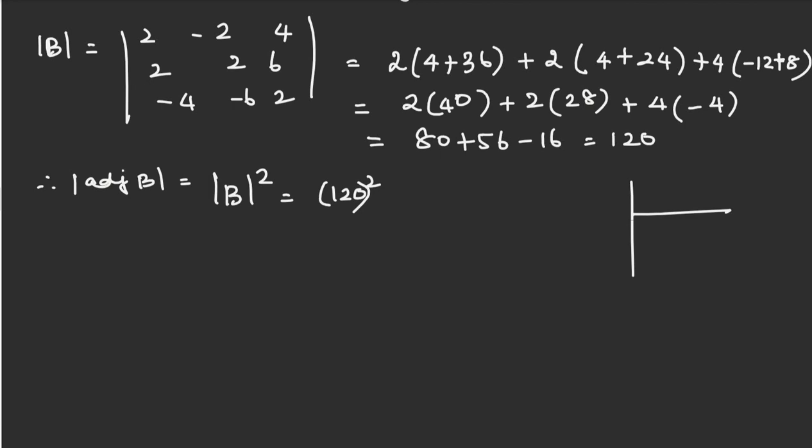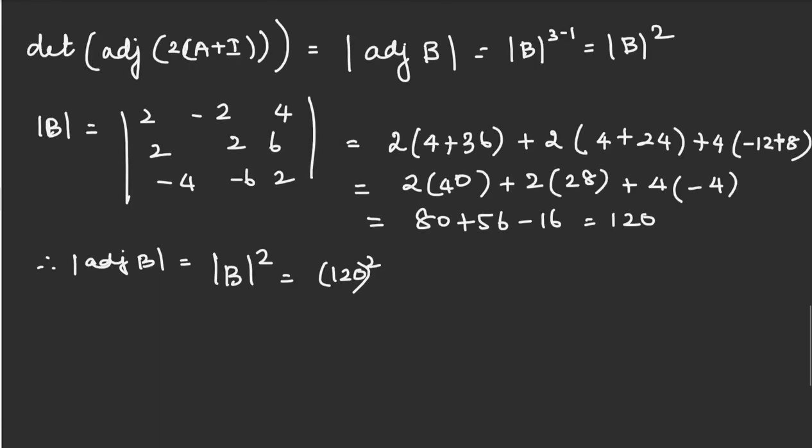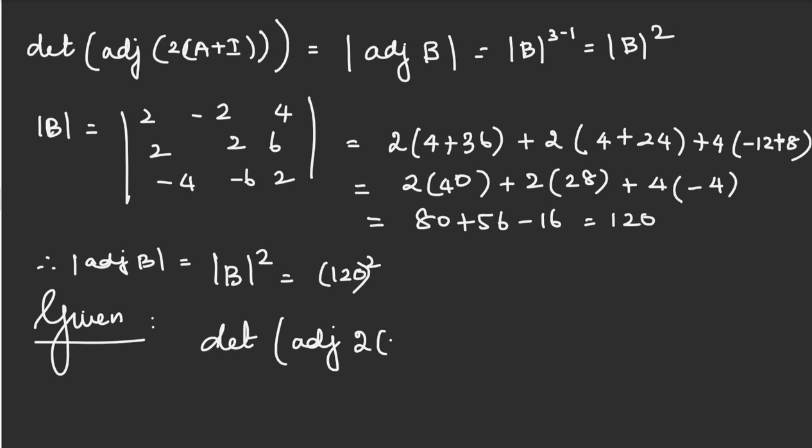Now take this 120. See the question: the determinant of adj of 2 times of A plus I is equal to 2 power alpha, 3 power beta into 5 power gamma.